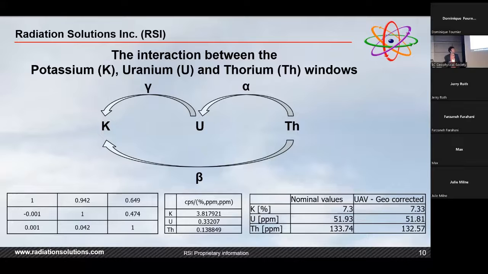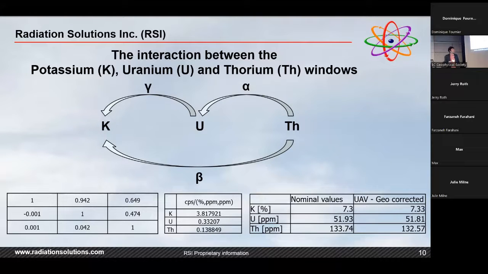And when you enter those stripping ratios, which are basically the influence of thorium into the uranium window, the influence of uranium into the potassium window, and also thorium into the potassium, you end up with a bunch of numbers here that are not that important today.